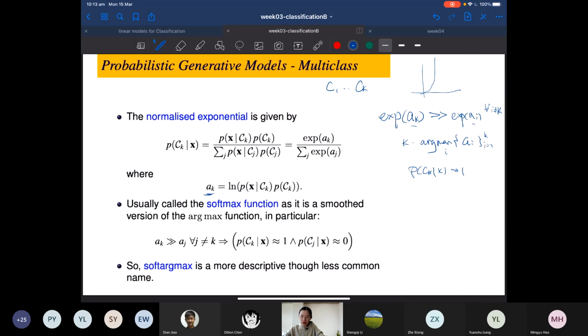So if we draw k and then P of C_k given X, this will be a discrete bar graph, and ideally it should look like this. Basically, this is the argmax, k equals argmax of A_k, or A_i. So, okay, here's the mental picture for these log probabilities and their exponents.